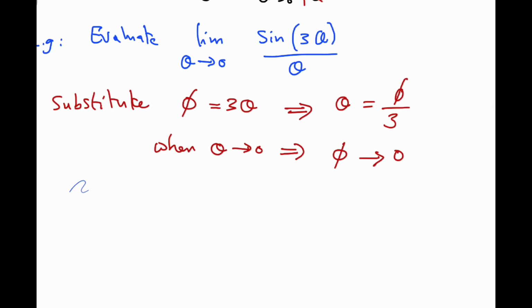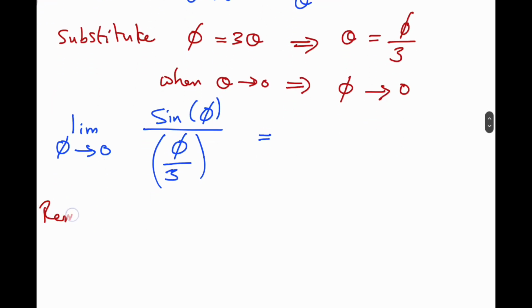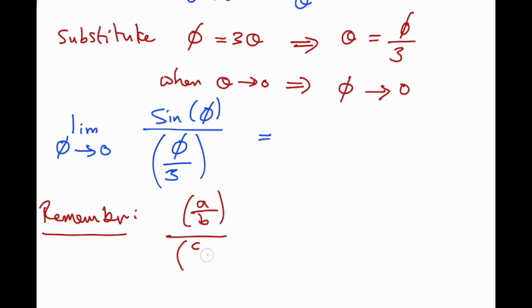So in this case, we can express the limit as phi approaches 0 of sine phi, and theta is replaced by phi divided by 3. Remember, if I have a fraction a over b divided by c over d, this is expressed as a over b multiplied by the reciprocal of the fraction in the denominator.